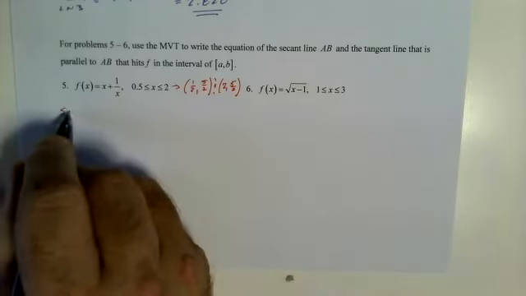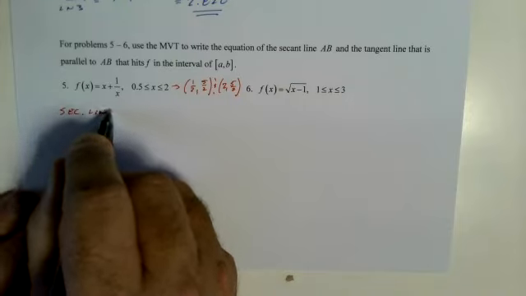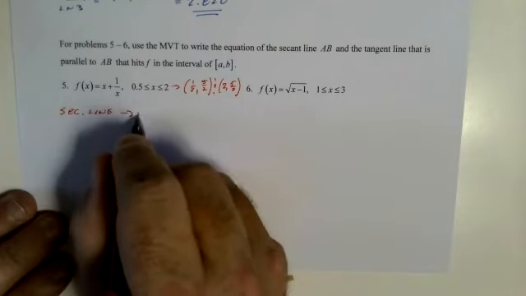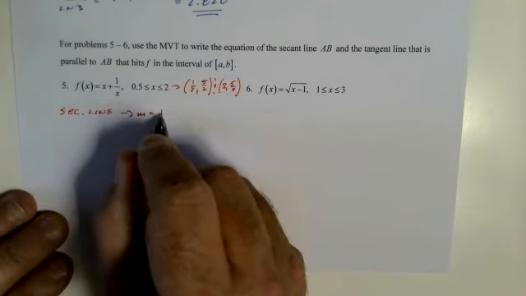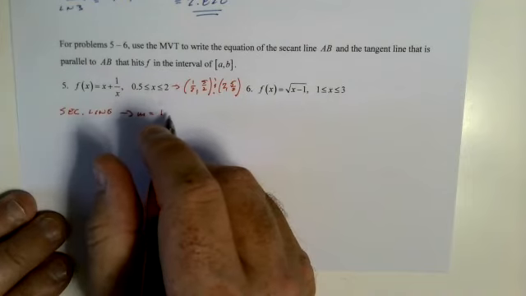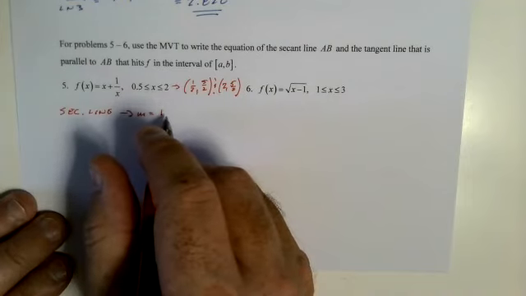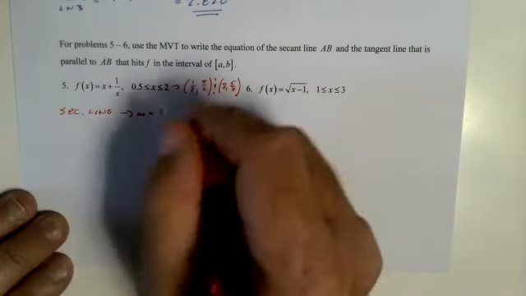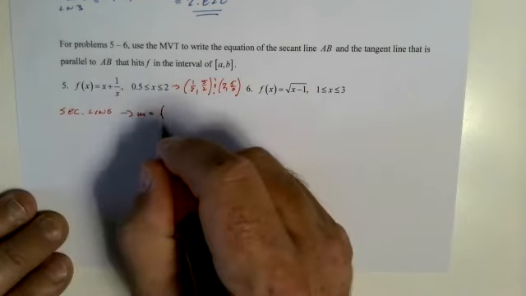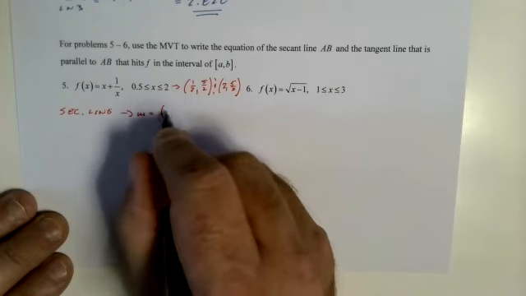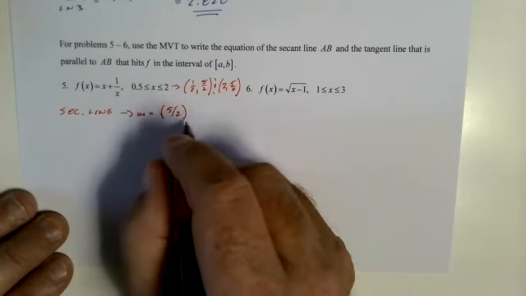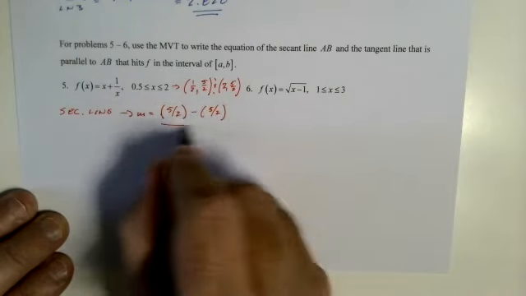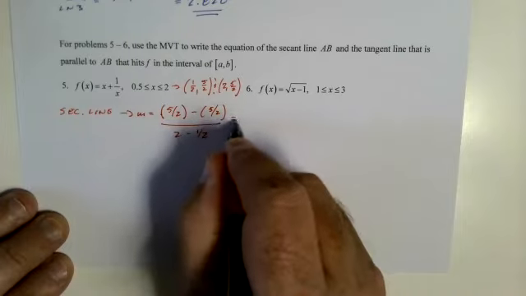So let's go find the secant line. Equation of the secant line. Okay. Now let's do the slope of these two points. 5/2 minus 5/2 over 2 minus 1/2 equals 0.